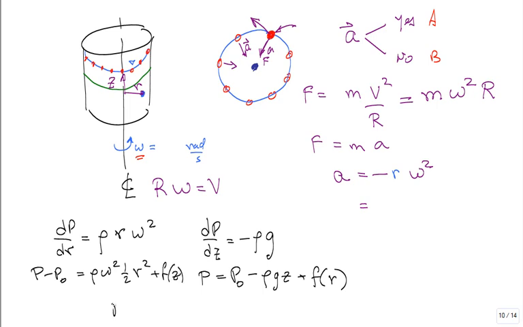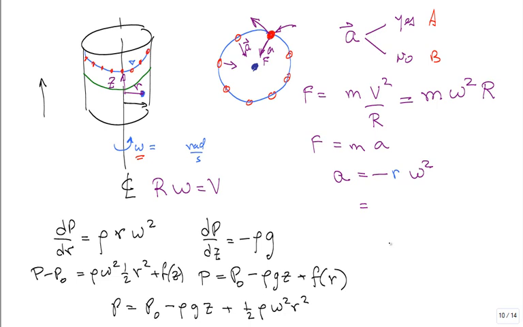You combine them, you get P is equal to P naught minus rho g z, meaning if I move up in elevation, it's going to go down. And then I have one half rho omega squared r squared, meaning that if I go out further in the radius, the pressure goes up. True? All right. So a line of constant pressure would have r as a quadratic.